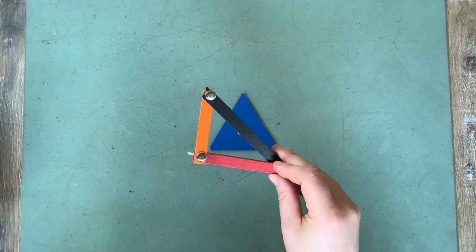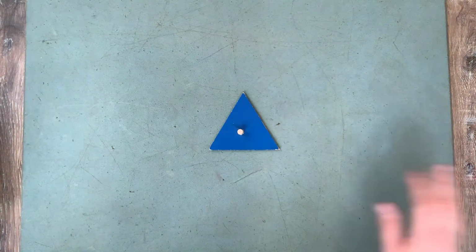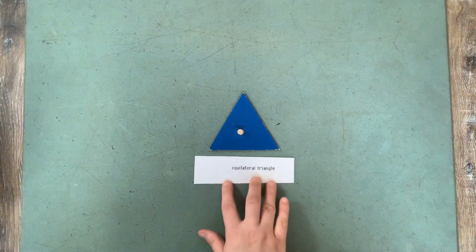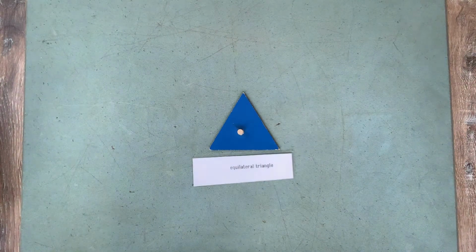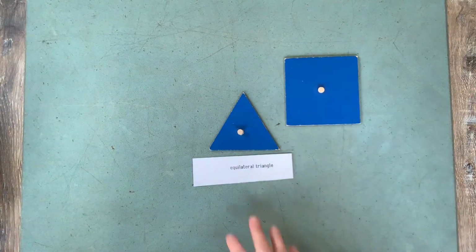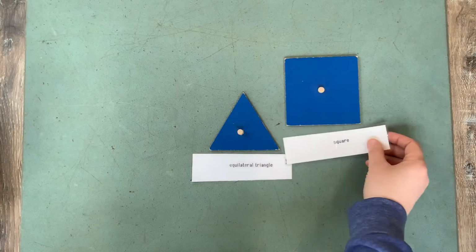This triangle does not have equal sides. But this triangle does. So this polygon we call an equilateral triangle because all sides are equal. This polygon is not only called a quadrilateral, but it has a special name. We call it a square.